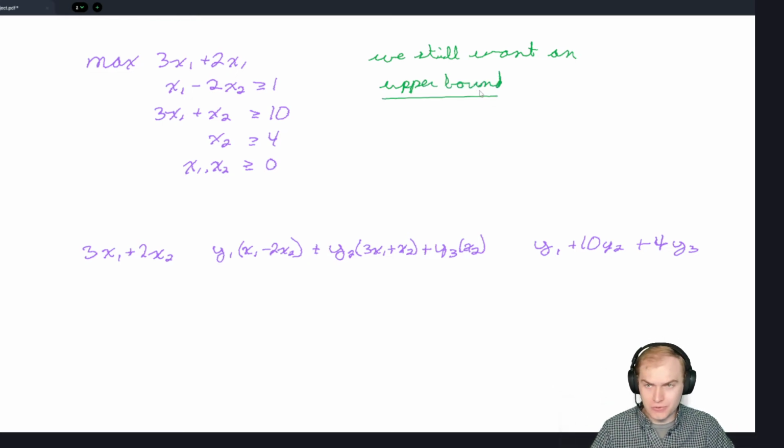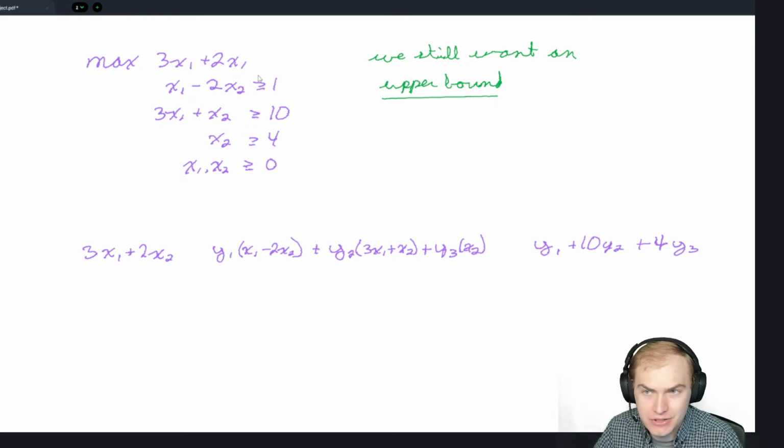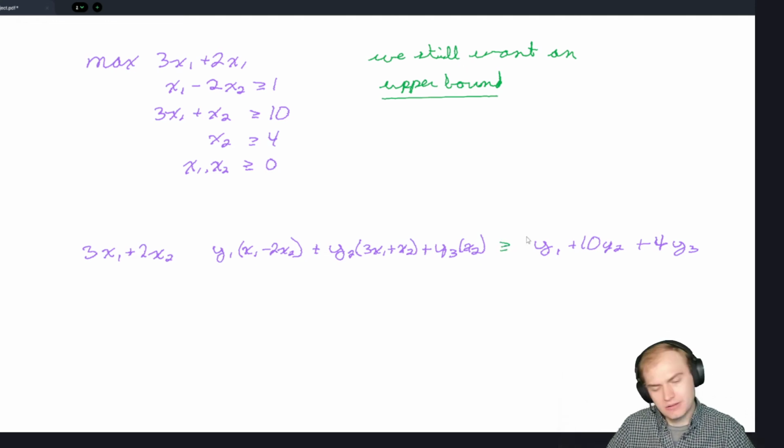And if we were to add these with positive coefficients, we would end up with a greater than or equal to here, which would give us a lower bound on our primal problem.